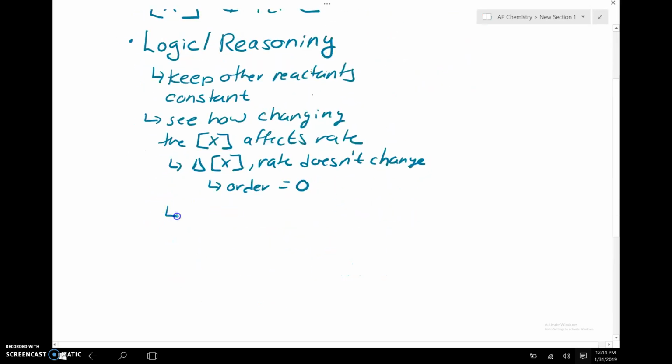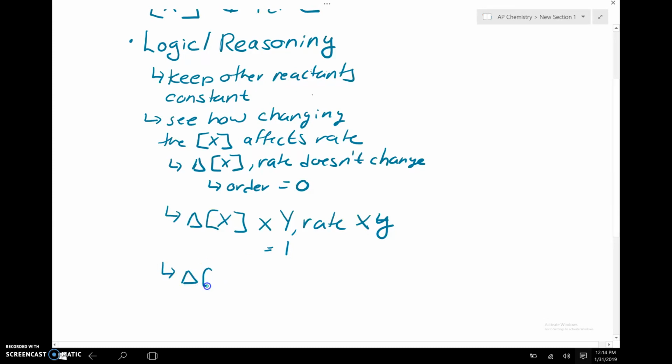On the other hand, if we change the concentration of X by some factor Y, like we multiply it by some factor Y, and the rate also gets multiplied by some factor Y, then we know that the order is 1.